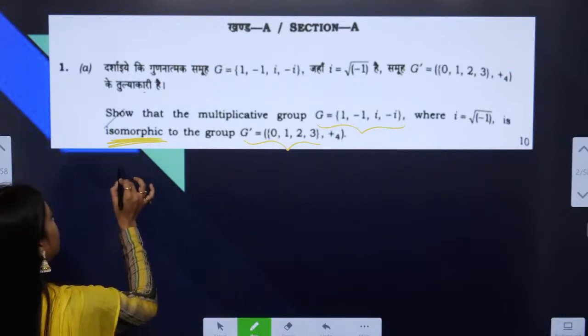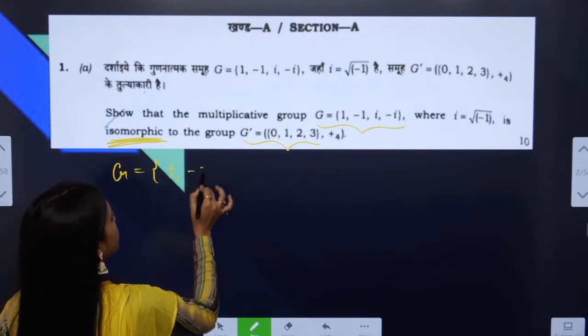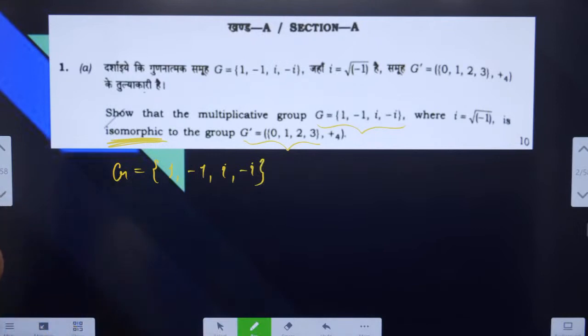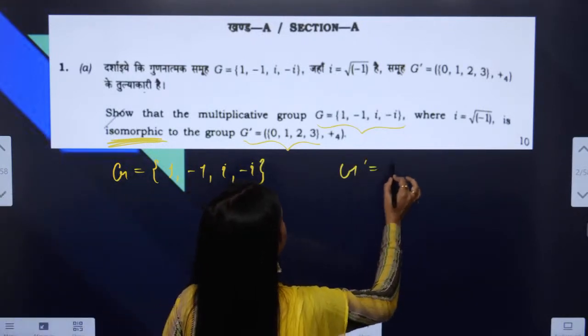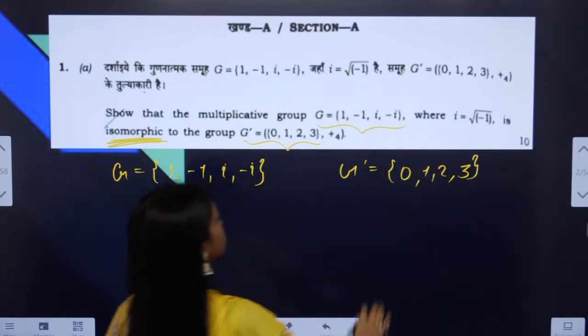If I talk about G, it is 1, minus 1, iota, minus iota, right, and G dash is 0, 1, 2, 3.